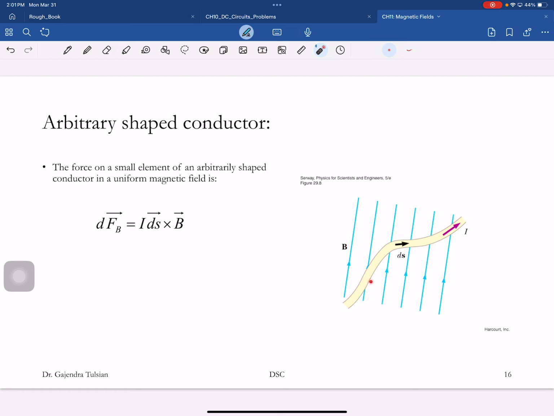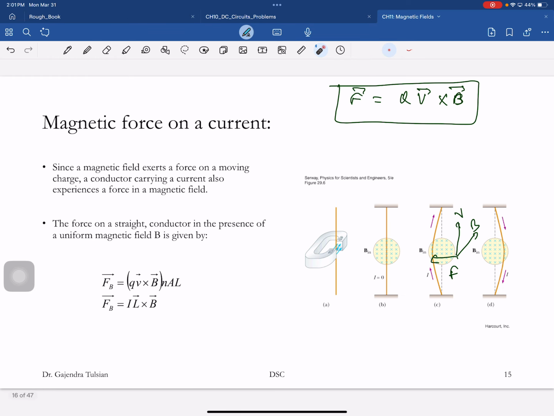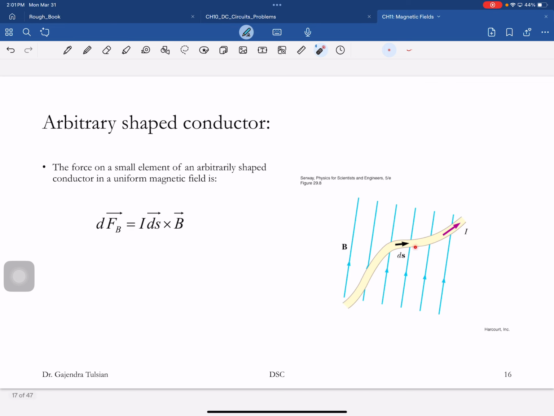So here's a bent wire. You guys are all calculus experts. This formula was for L being straight. If you have a bent wire, all you do is break it up into little straight pieces. The force on this element is I ds cross B. B is in that direction.